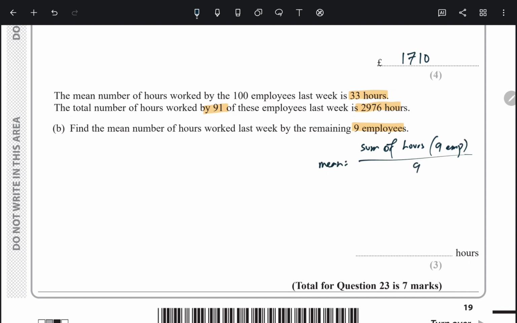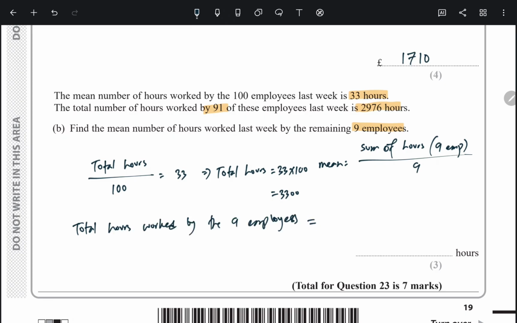The mean number for all of the 100 employees was 33 hours. So the total hours worked by the number of employees equals 33. Okay, that's the mean. So total number of hours worked, that's 3300. So total number of hours worked by the 9 employees is going to be this 3300 minus the number of hours worked by the 91 employees.